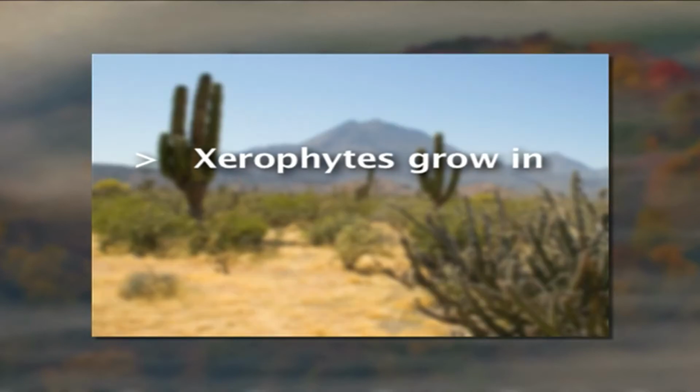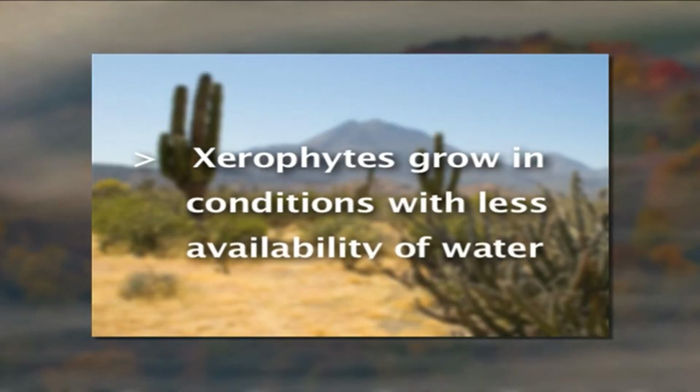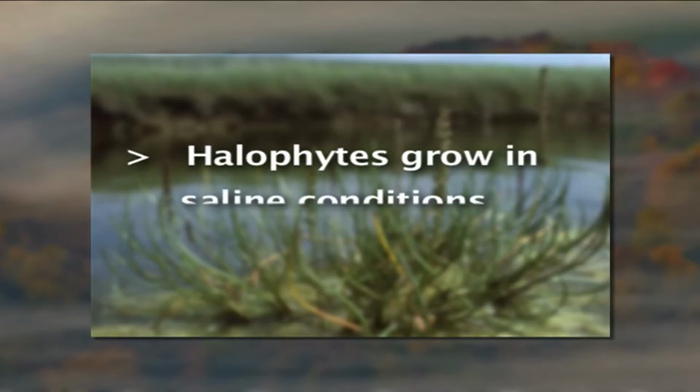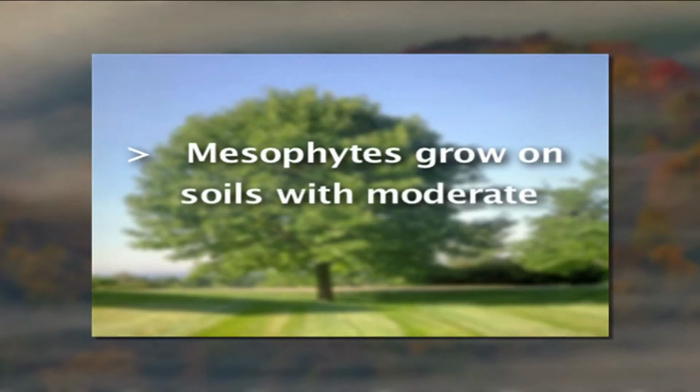Xerophytes, on the other hand, survive long periods of drought, and halophytes are able to survive in saline water. Mesophytes require moderate conditions, neither waterlogged nor drought, and are found mainly in temperate areas.